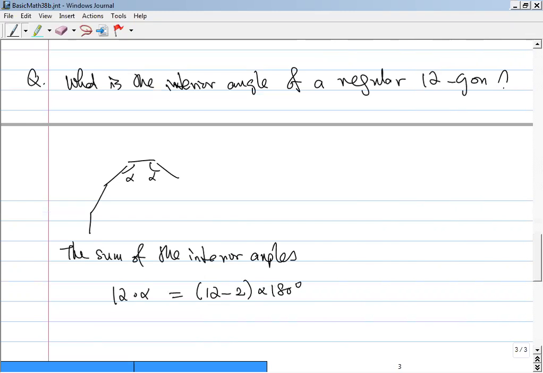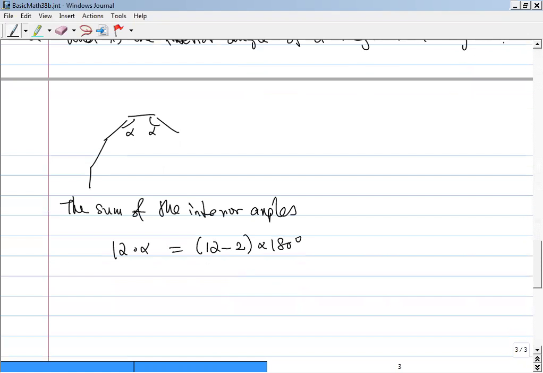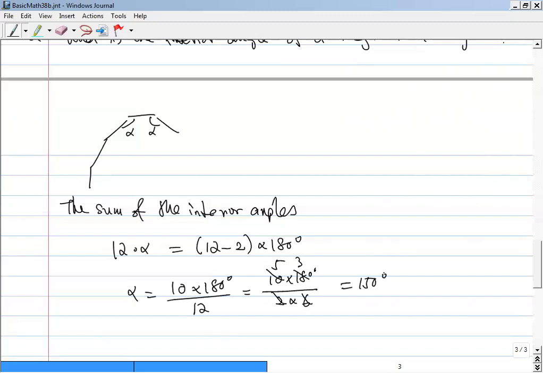Once you get this, then you solve for alpha. So alpha is going to be 10 times 180 degrees divided by 12. Let's simplify it. 12 is 2 times 6, so this is going to be 5, and this 18 is a 3. So 150 degrees is going to be the interior angle, after you simplify.